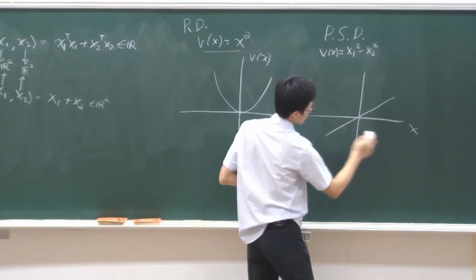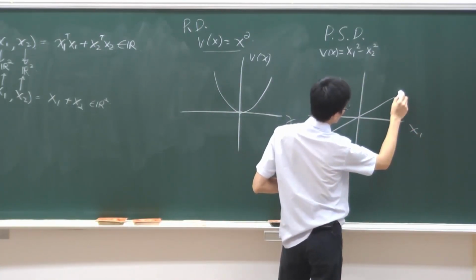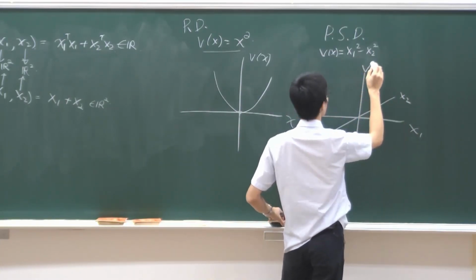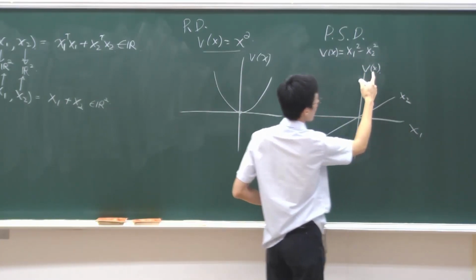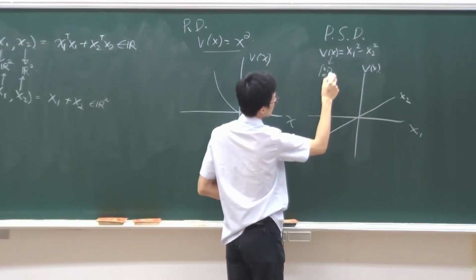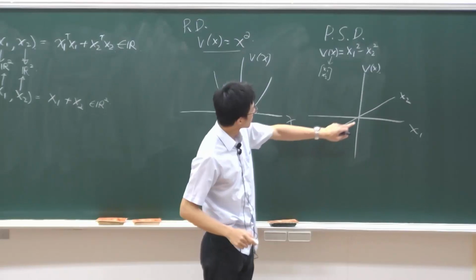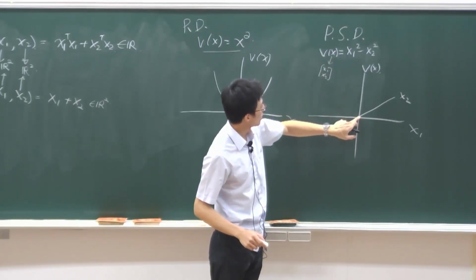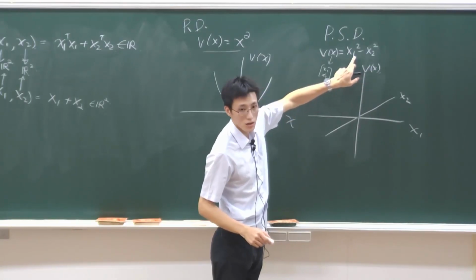It's a 3D case, right? X represents the column X1, X2. So is the v function 0 at the origin, 0, 0?